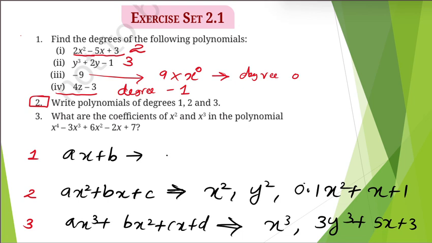Now for a linear polynomial, the degree is 1, so we can consider 5x, or 10x plus 9, or 3y plus 0. Whatever the case, the degree of the variable is 1 only. So 5x, 10x plus 9 and 3y plus 0 are all examples of a polynomial with degree 1.